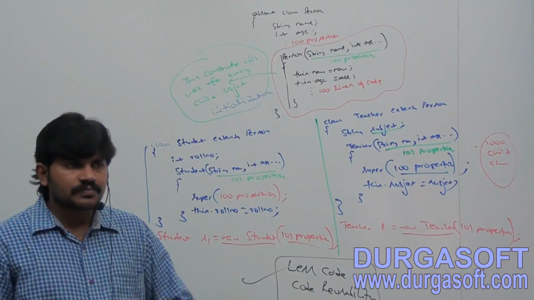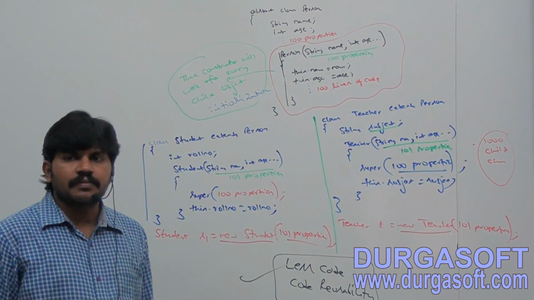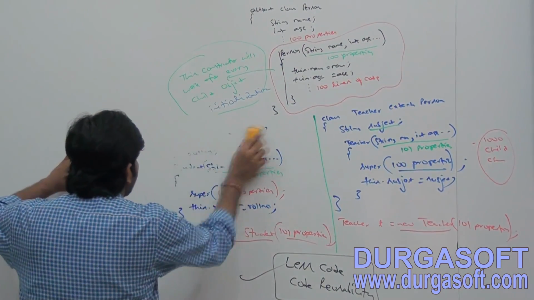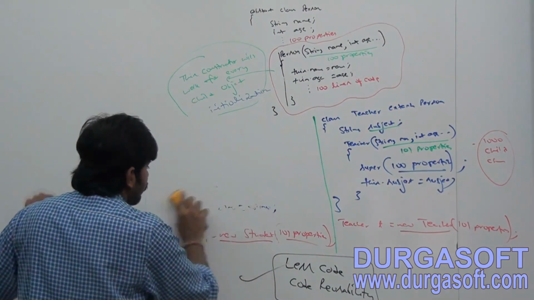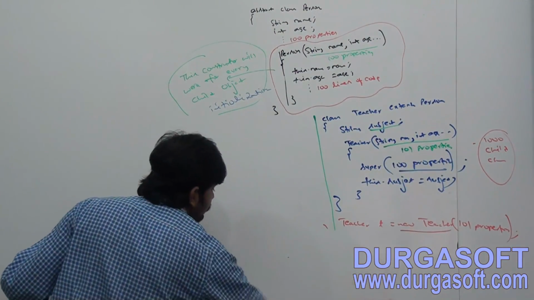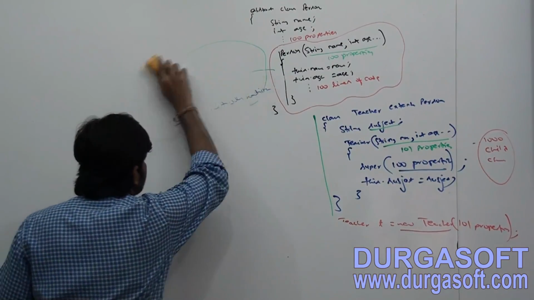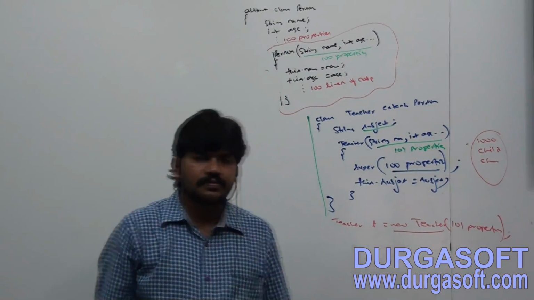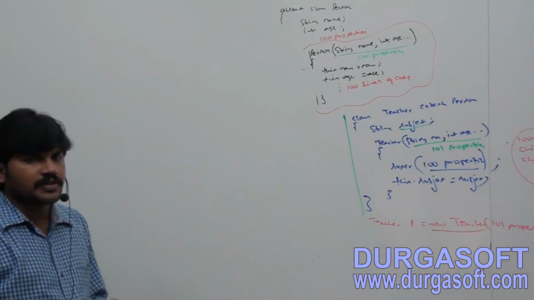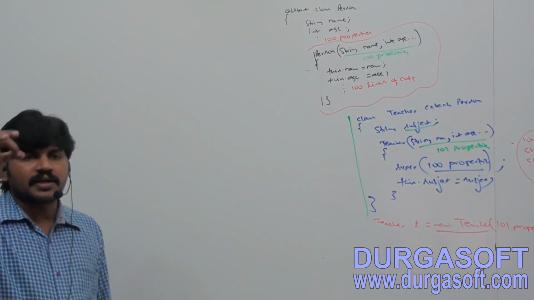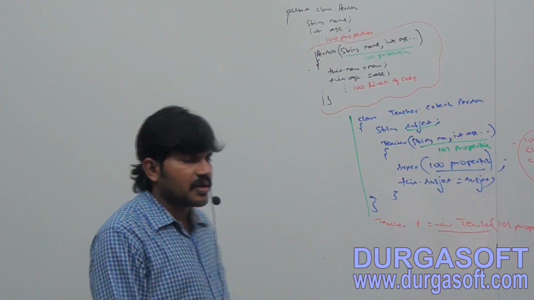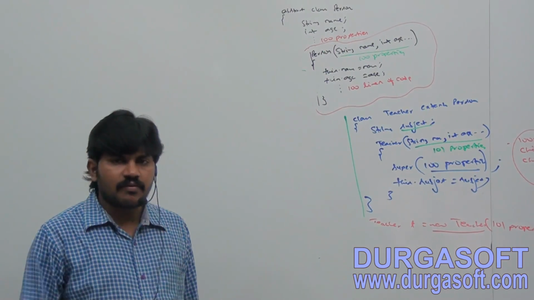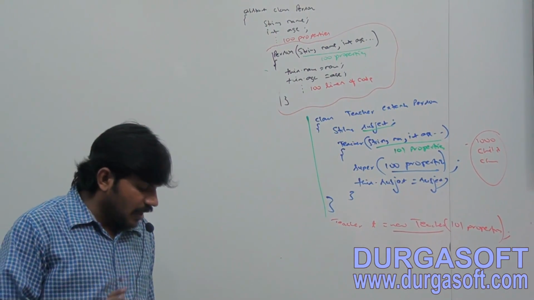Okay, this is next para. But every variable present inside interface is always public, static, final, whether we are declaring or not.